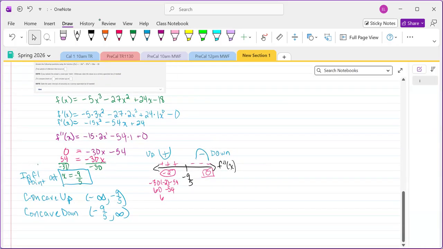Now, it might be a little more crunchy on the test, but that's the overall basic idea for our second derivative test. You might have to do a little more algebraic work, but since we're asking you to do two derivatives, we're not going to put any function that's too crazy there, because doing a second derivative of a product rule and then having to set it equal to 0 is too much work for this question.